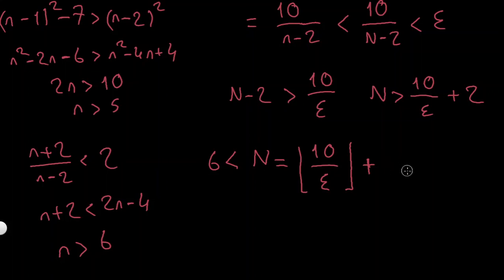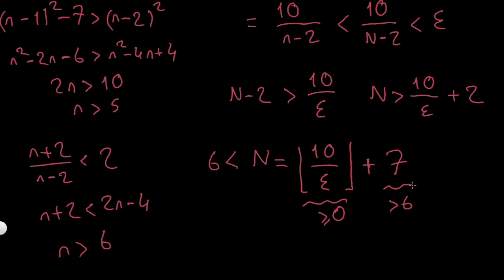If I take this 2 and make it 7, or I can make it 6, or no, let's keep it 7. And now I know that this thing is greater or equal than 0, and I know that this thing is greater than 6.